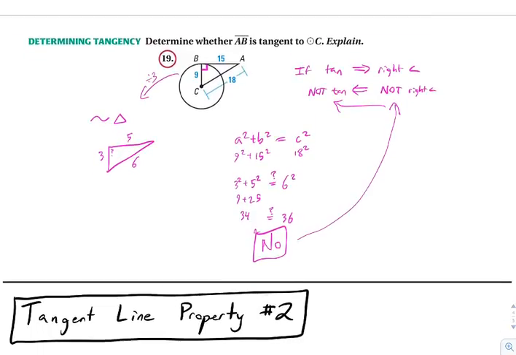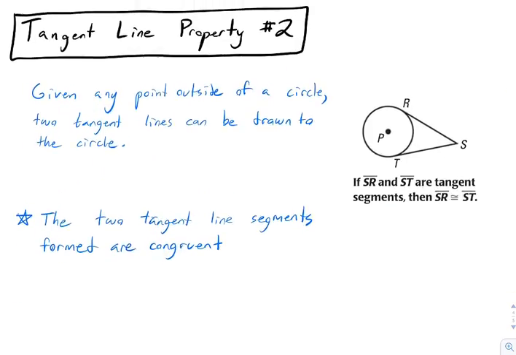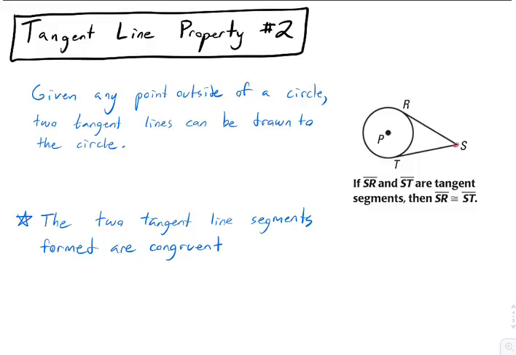All right, so our second property coming up here is if we have any point outside of a circle, there are two tangent lines we could draw. If you were looking straight at the circle from that point, you could go to the left or you could go to the right.